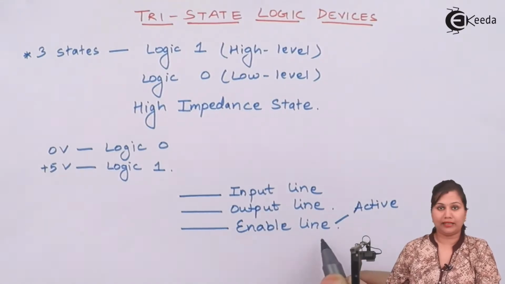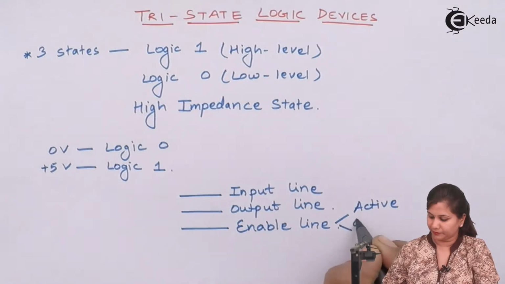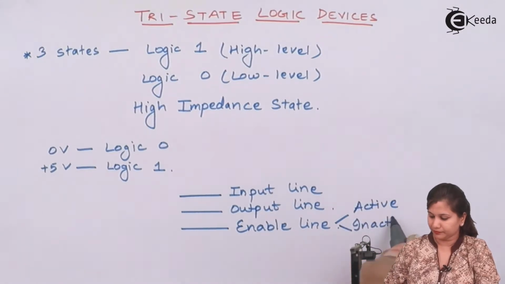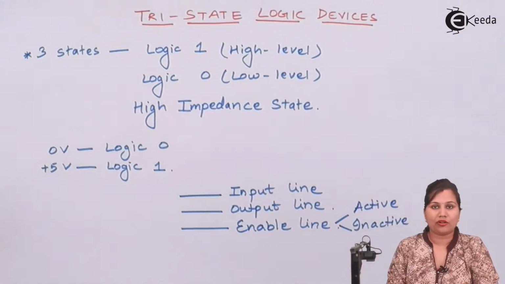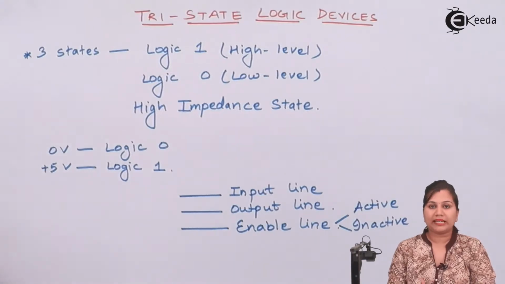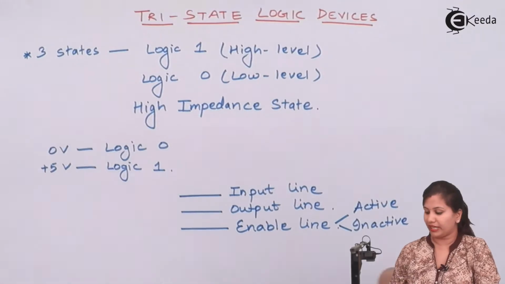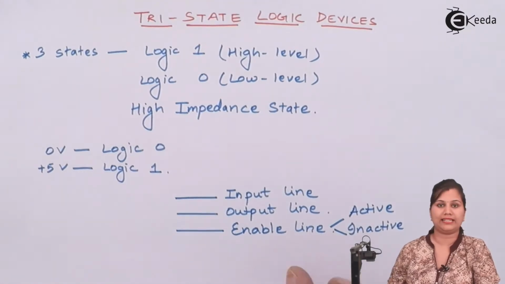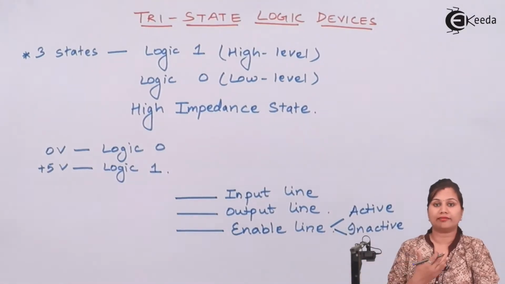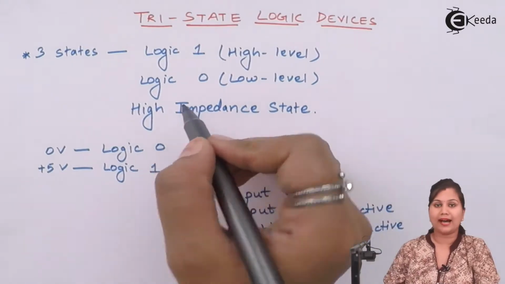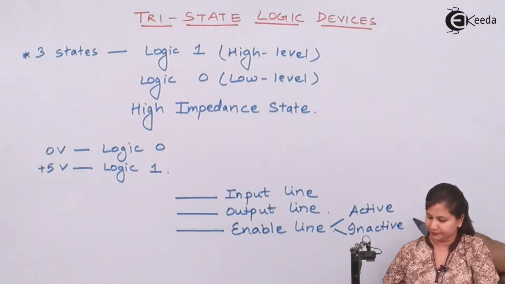Now when this enable line is inactive, the device will not work. It will behave as if it is disconnected from the circuit, or we can say that when the enable line is inactive, the device goes into the high impedance state.